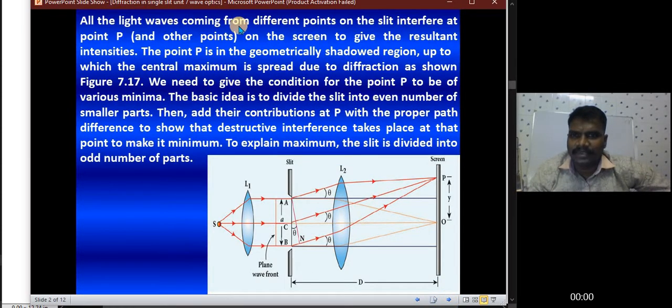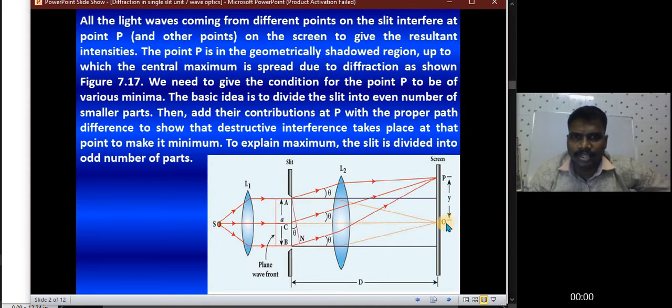All the light waves coming from the different points on the slit interfere at point P and other points on the screen to give the resultant intensities. The point P is in the geometrically shadowed region, up to which the central maximum is spread due to diffraction, as shown in this figure.